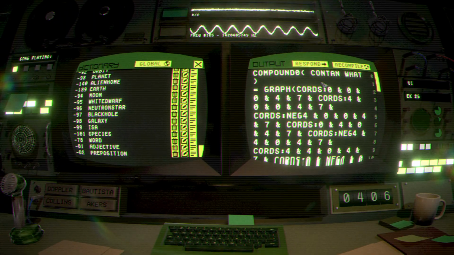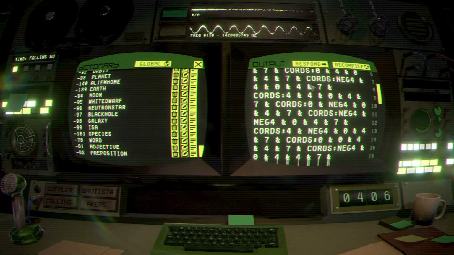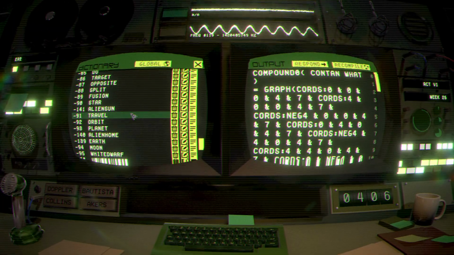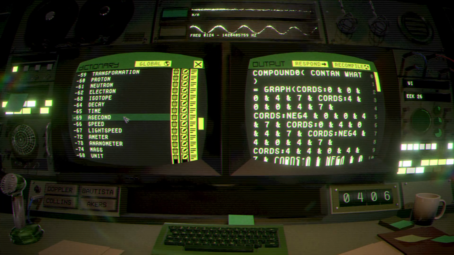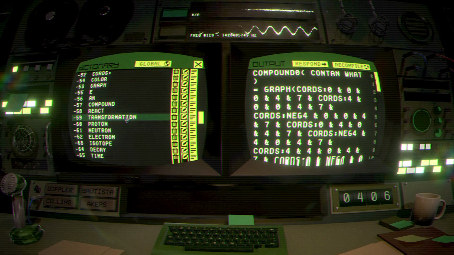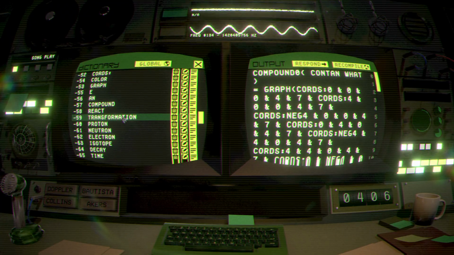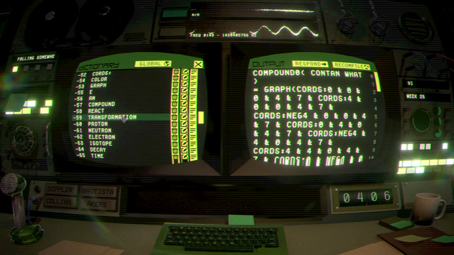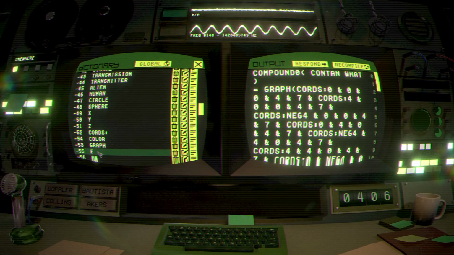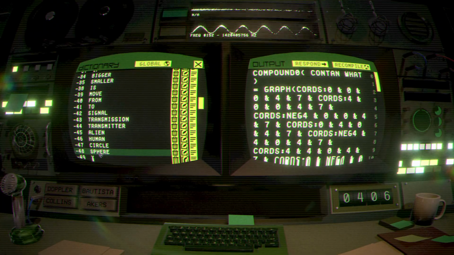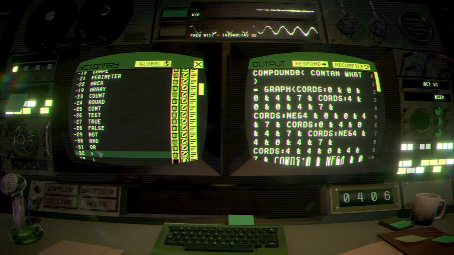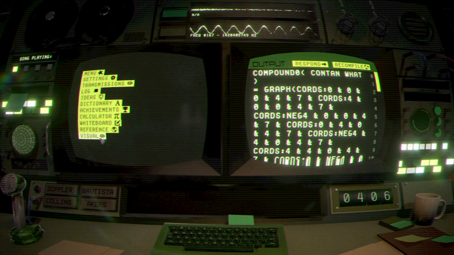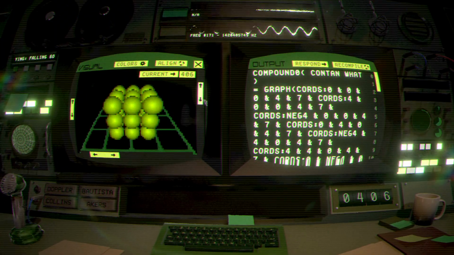What the heck is contan? Compound 0? Contan what? So confused. Contan what? I guess let's just ignore the contan part and answer like the rest.